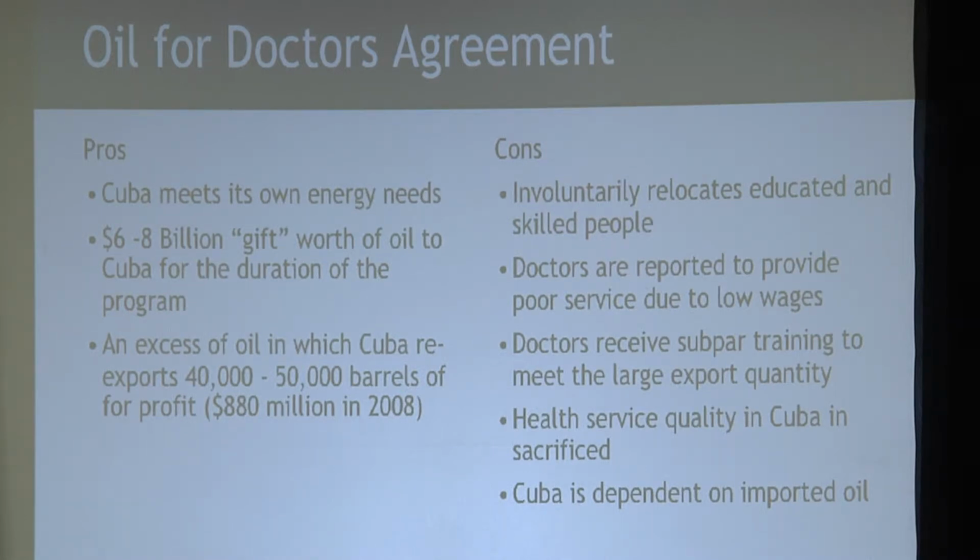They have involuntary personnel, our family members back home that are doctors and are being trained to be professionals that are shipped overseas to educate their skilled people. Doctors are reported to provide poor service due to low wages back home, and there's a lot of dependency on this imported oil.